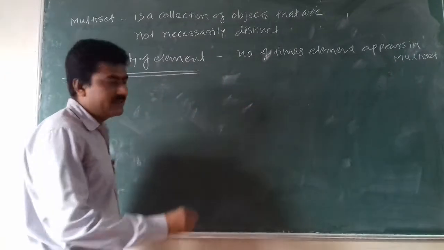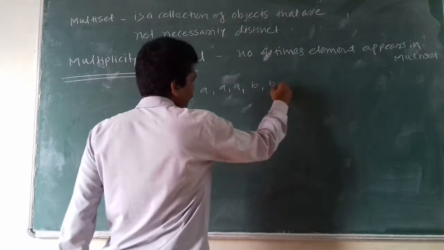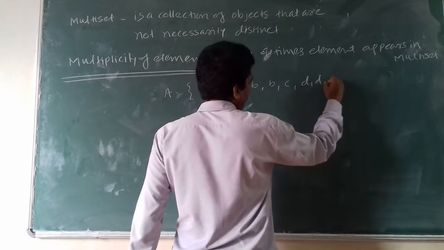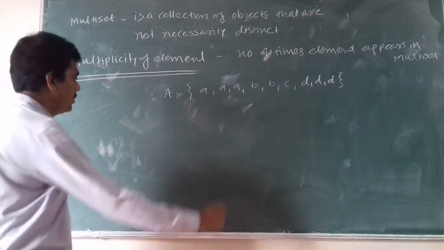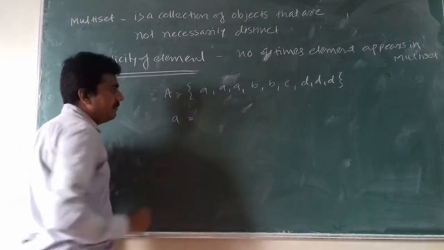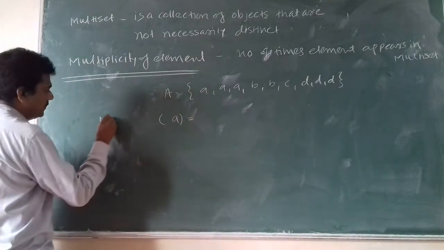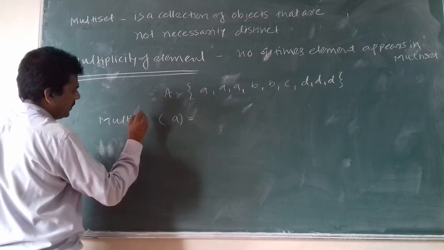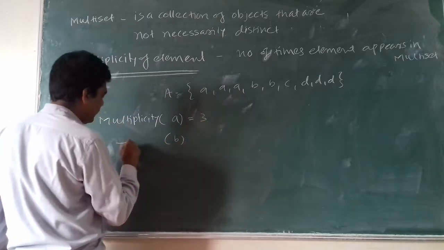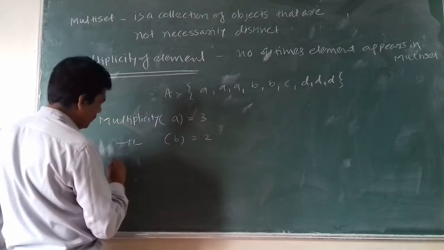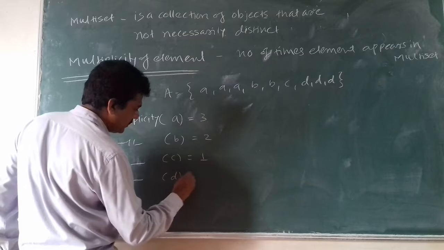As an example, let's say capital A is a set with these elements. Now the multiplicity for this particular set with respect to the elements: the multiplicity of A, the first element, is 3, since it occurs 3 times. Likewise, the multiplicity of B is 2, the multiplicity of C is 1, and the multiplicity of D is 3.